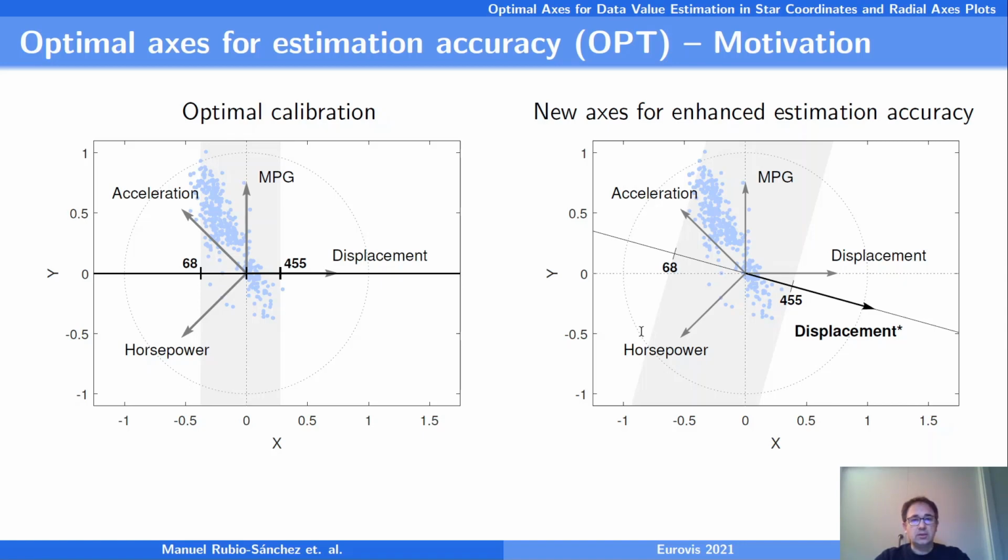But actually, a better direction is this oblique new direction on the right at about negative 20 degrees. So we propose using these new alternative axes, and we've analyzed them in great depth in the paper.